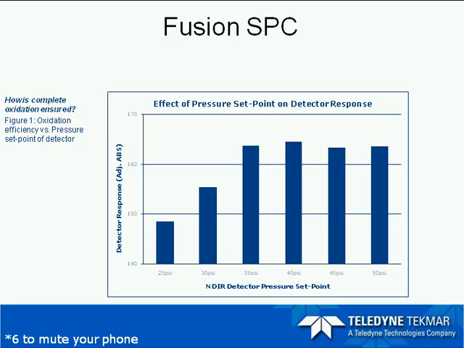And as you can see, the concentration was kept, of course, the same for all these analyses, but you can see that the oxidation efficiency or the detector response is optimally around 50 psi. This is where we came up with the default method for using 50 psi for most methods.